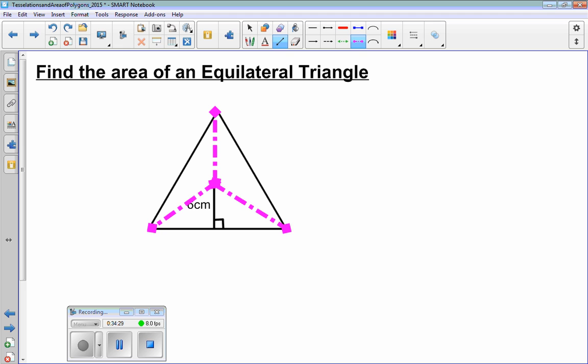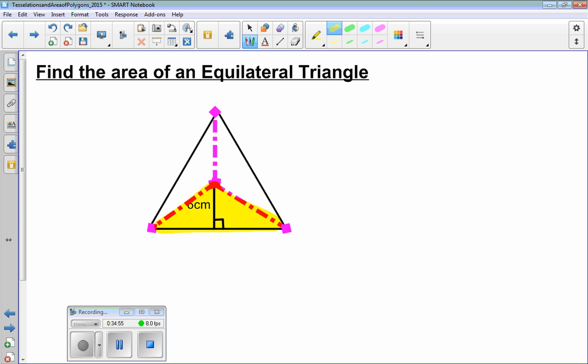When you draw in the radii, we've now divided it into 3 congruent triangles. Notice where the radii go, from the center to the corner. That 6 is not a radius, like it was in the last picture. Do you agree? In the hexagon, the 6 was a radius.